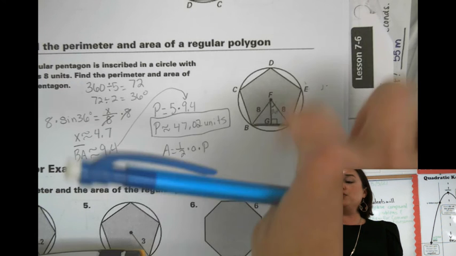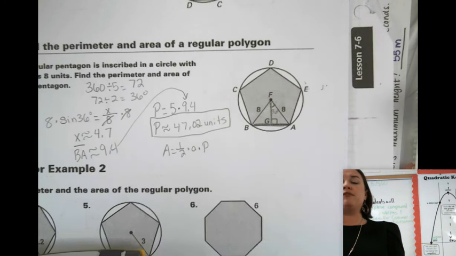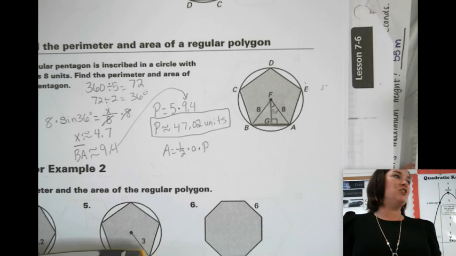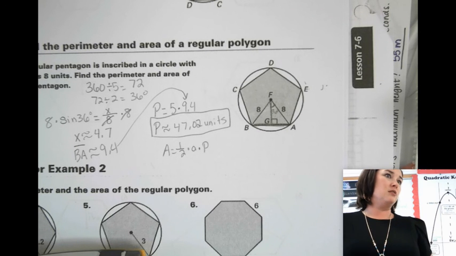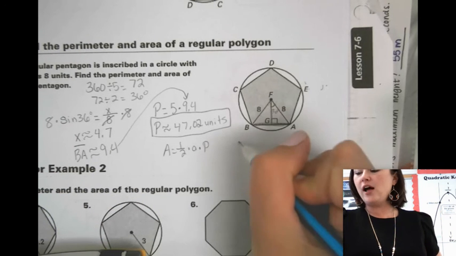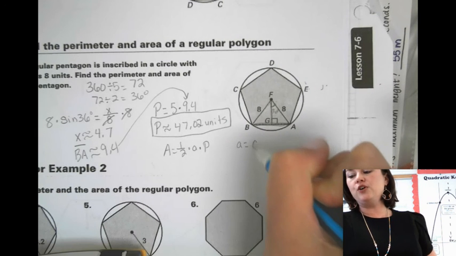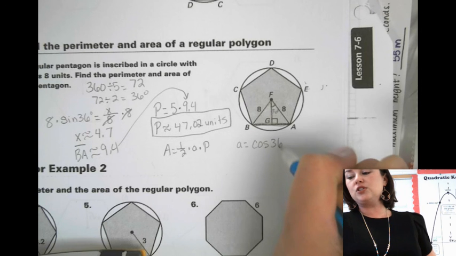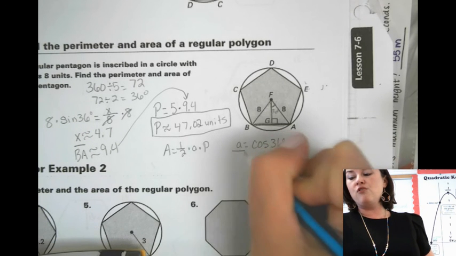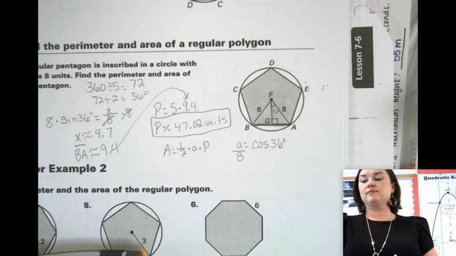In that right triangle we're looking at, FG is what in relation to 36? Opposite, adjacent, or hypotenuse? Adjacent. So which one uses adjacent and hypotenuse? Cosine. So for the apothem, we're going to say cosine of 36 degrees equals the apothem over 8.